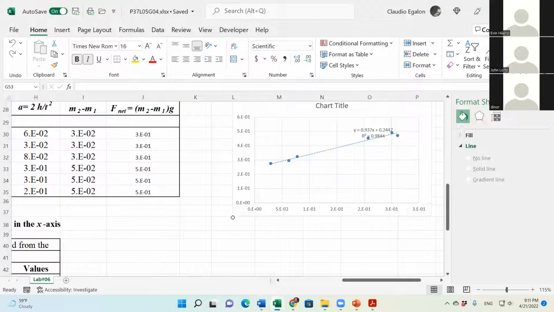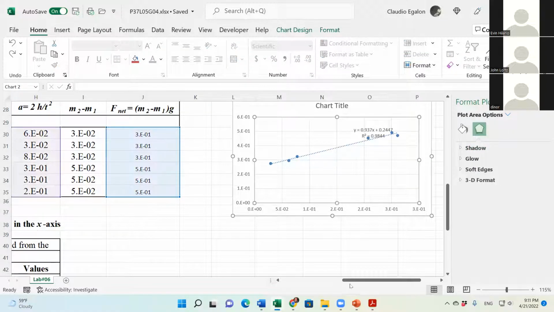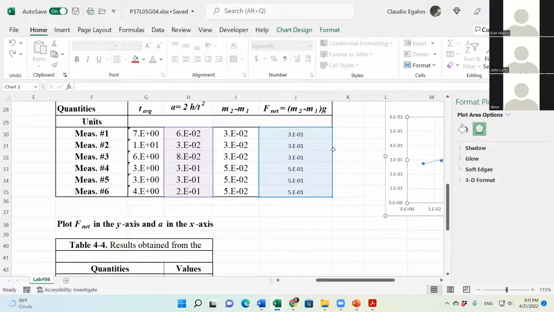No, it's not kilogram. Look at what you're plotting. You are plotting net force on the y-axis, and you're plotting what? It's not kilogram. Acceleration. What's the unit for acceleration? You just told me what the unit for acceleration is.